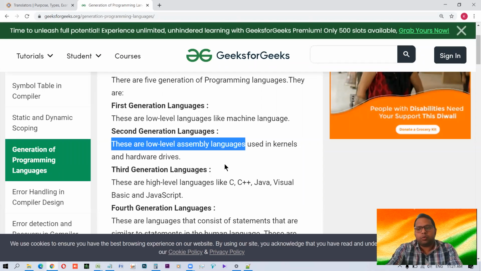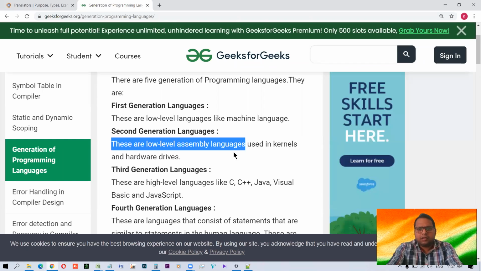So if we had to add, the code was ADD, and if you wanted to load something in the memory, the code was LOAD. These were the keywords of that programming language, so that was easier to remember. But the matter is, the computer does not understand anything other than binary.